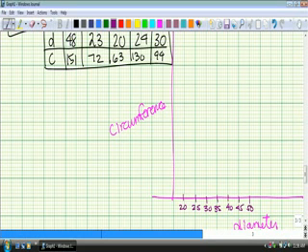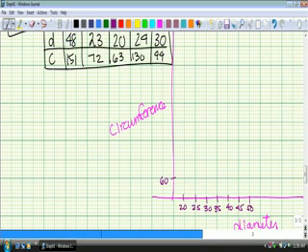Alright? Now on my vertical axis, my circumference, what's my smallest value? 63. What's my largest? 151. Okay? So I have to go from at least 63 to at most 155. So what do you want to start at? 60. What do you want to count by?